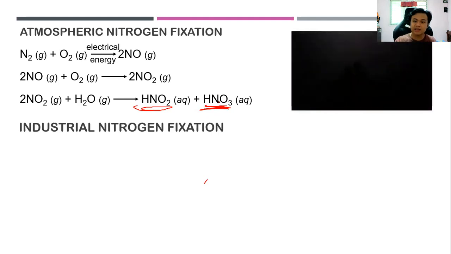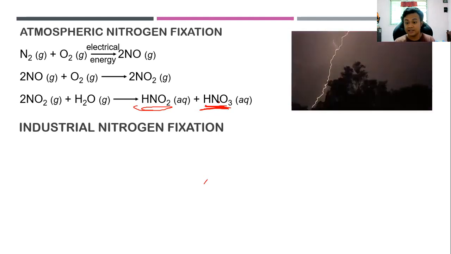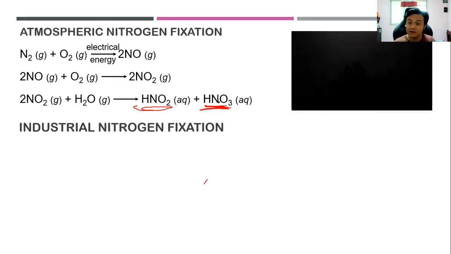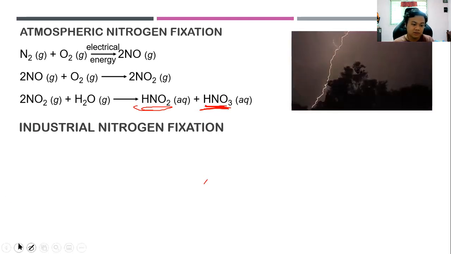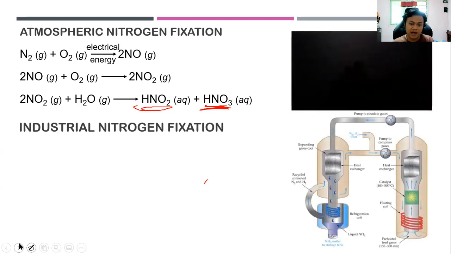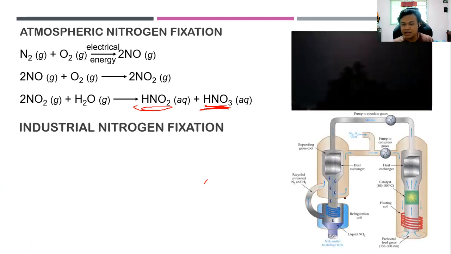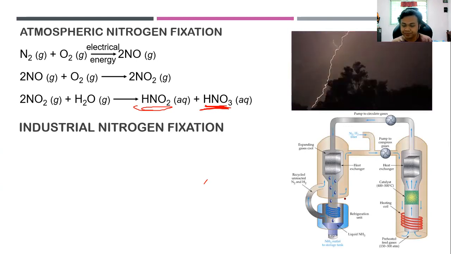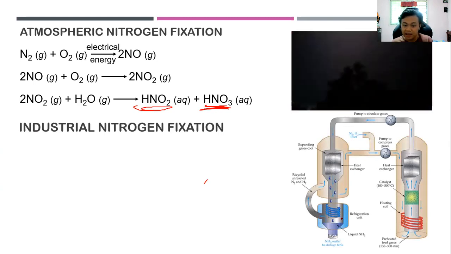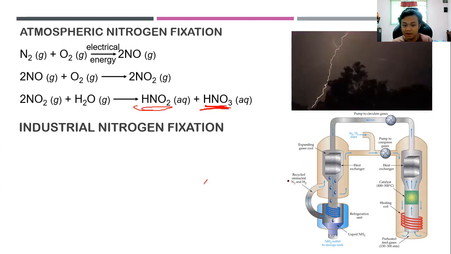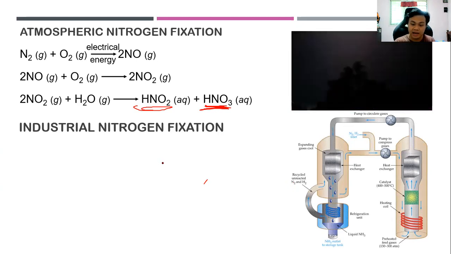So we have industrial nitrogen fixation, which is the focus of chemical engineering. So in the industry, this is how they make ammonia from nitrogen and hydrogen.